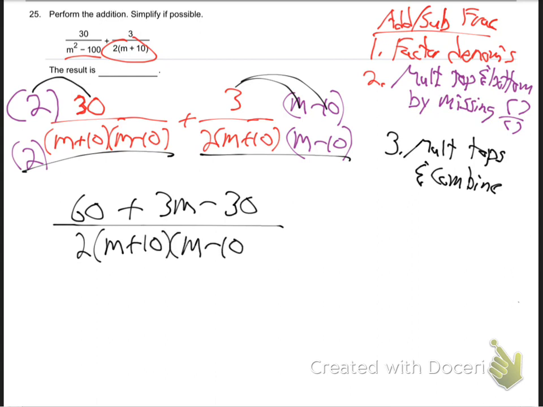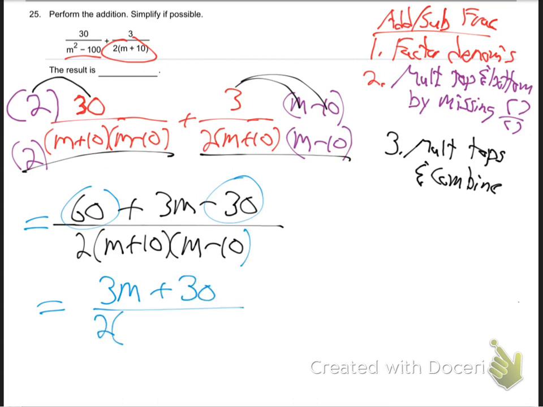And now, what becomes of that? So we get 60 minus 30, that's 30, over 2, m plus 10, m minus 10.